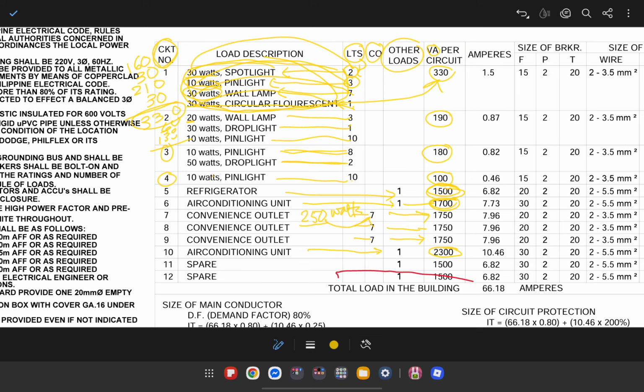Okay. So next would be a spare. There are 2 spares provided. Now the spare is basically for purposes of expansion. Let's say, for example, after the owners have lived in that house for quite a while and noticed that they probably need an additional air conditioning, the spare circuit will be able to accommodate that.